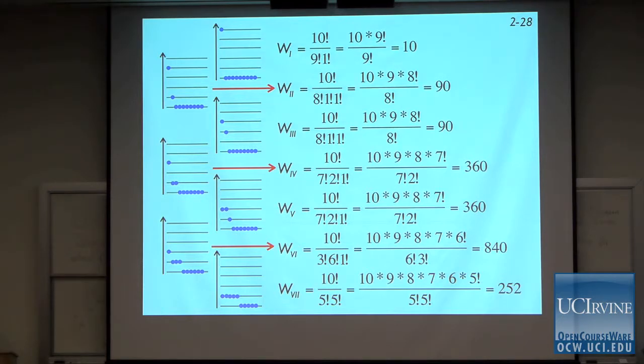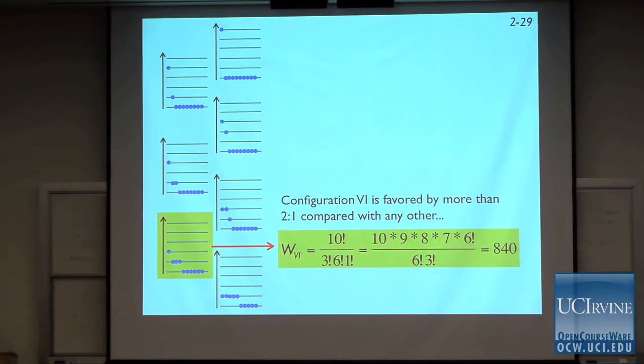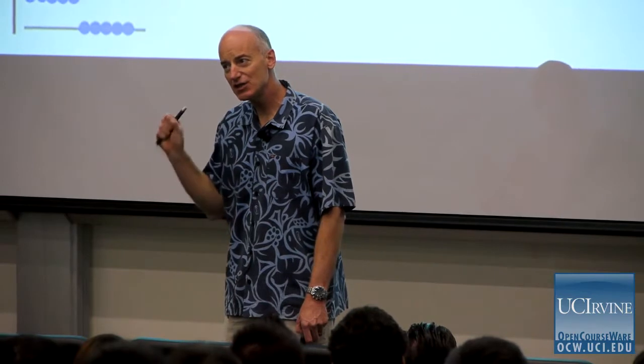What's profound about this? Well, that number is bigger than all the rest of these numbers. Configuration 6, it's just randomly labeled 6. 6 doesn't mean anything. It's favored by more than 2 to 1 compared with any of these other configurations. It's special.